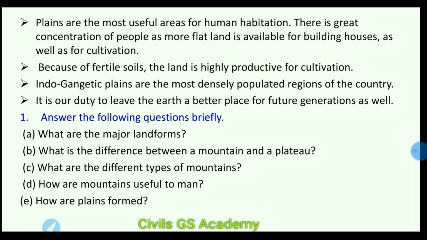Because more flat land is available for building houses and for cultivation purposes. Because of fertile soils, the land is highly productive for cultivation. Indo-Gangetic Plain is the most densely populated region of the country.